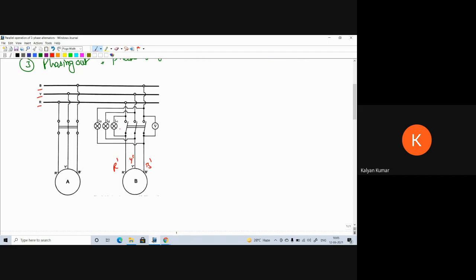If the phases are connected properly, that means R is connected to R dash, Y to Y dash, B to B dash, then all the lamps flicker together.